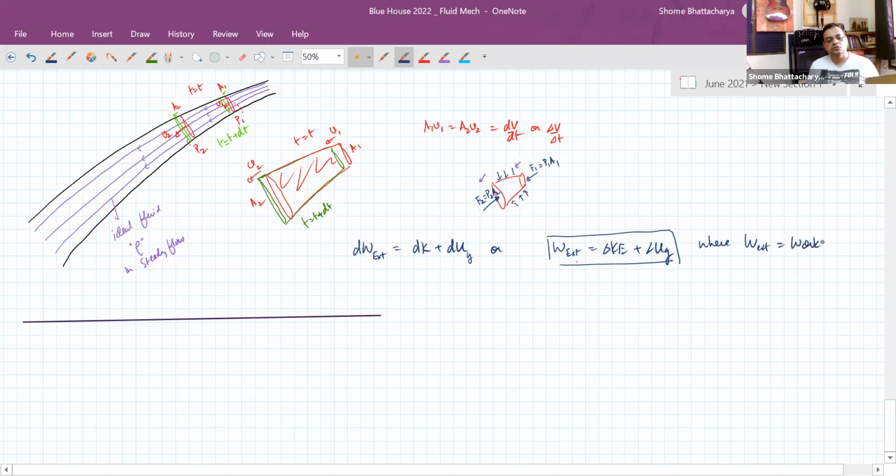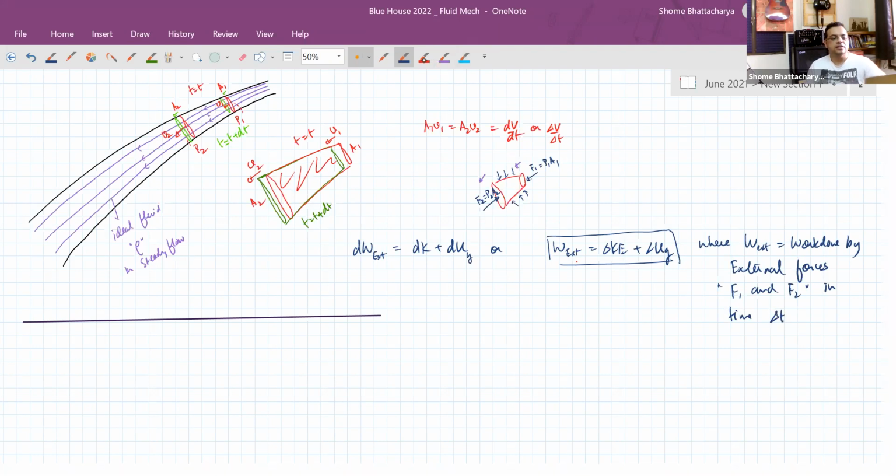this is the work done by external forces, in this case F1 and F2 that you can see in the diagram, in time delta t.